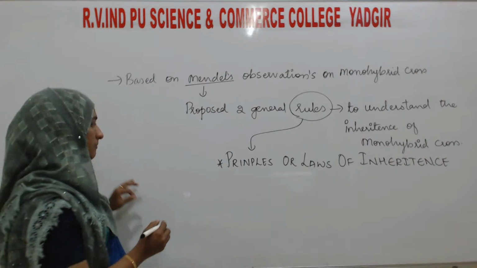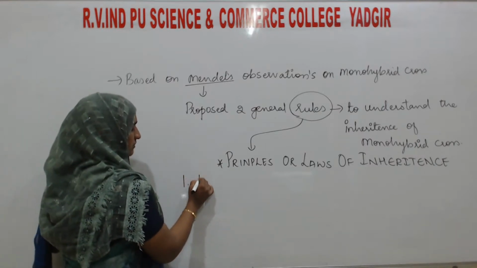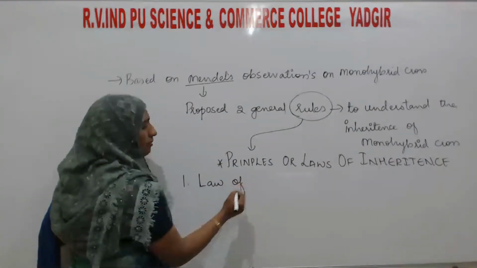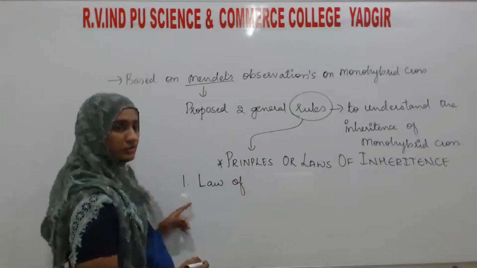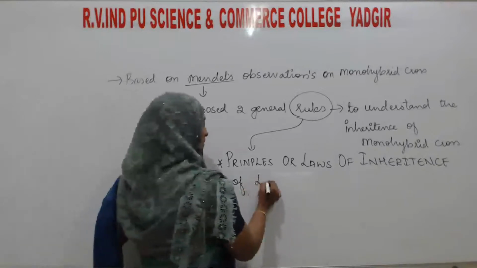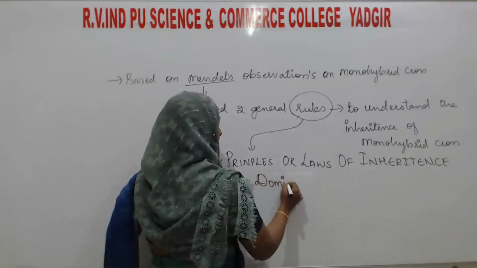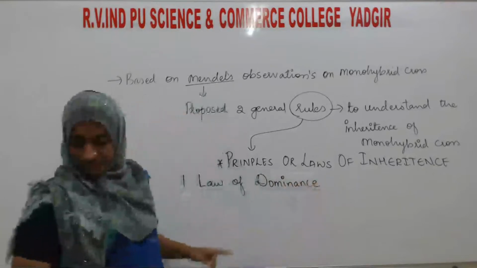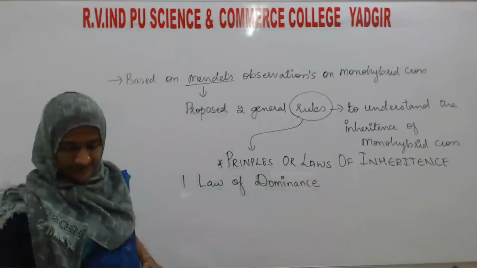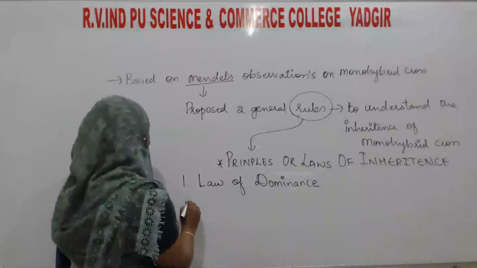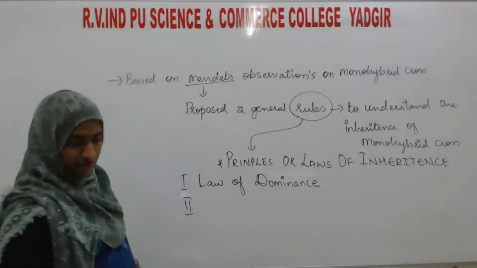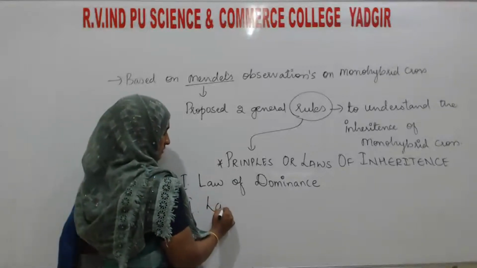What is the first law? The first one is the law of dominance. The second law is the law of segregation.